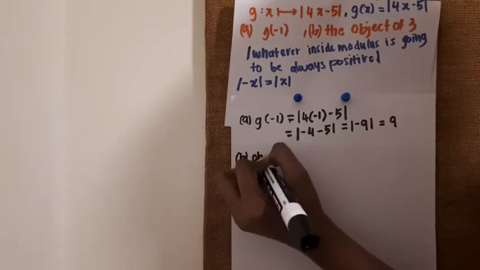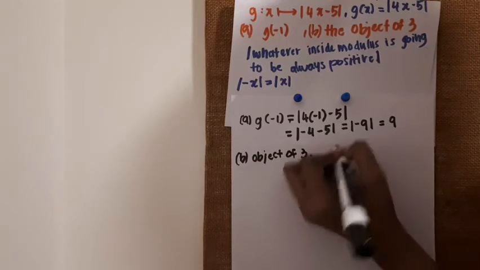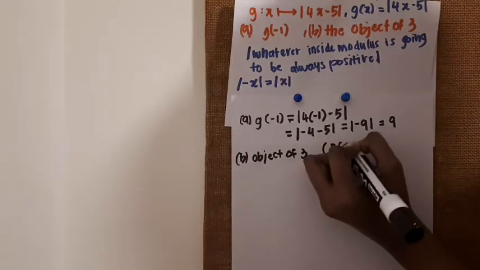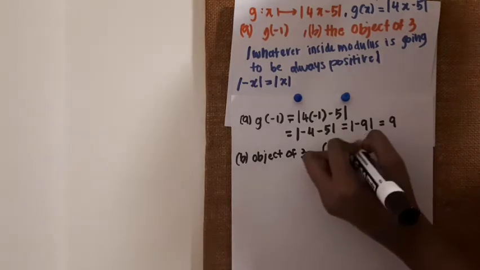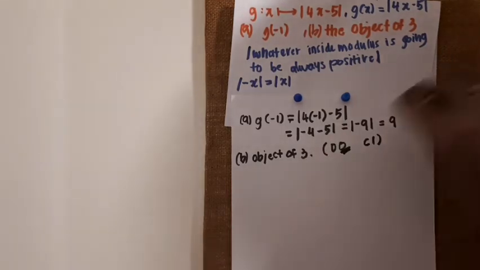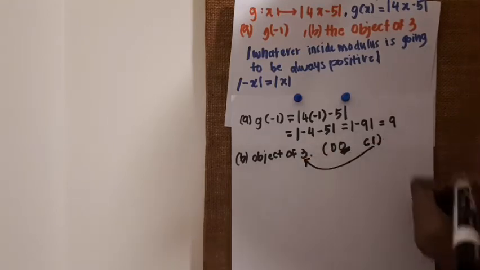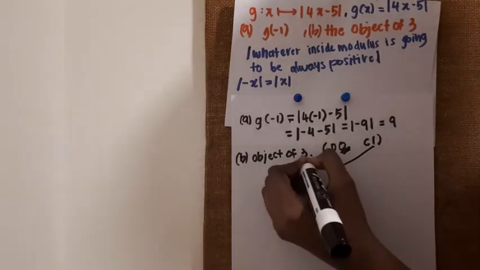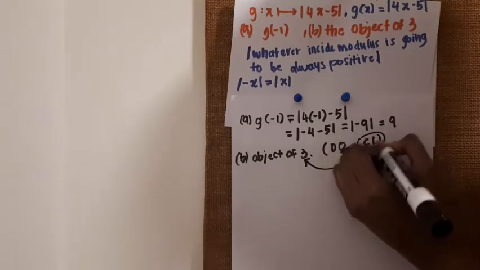So as we already said, object of 3. We saw the formula just now, and they are asking the object part here, which means this is called the image. And image, as this is on this side, means this is the answer.